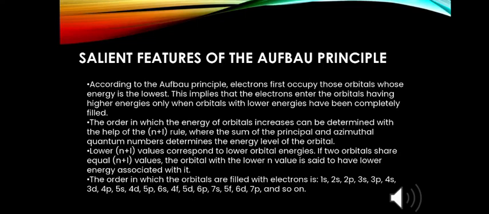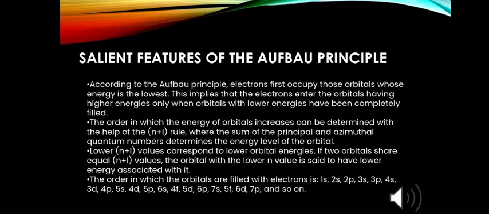This implies that the electrons enter the orbitals having the higher energy level only when the orbitals with lower energy level have been completely filled. This means that firstly we have to fill the orbitals with the lowest energy levels. When they are completely filled, only after that we will fill the orbitals with the higher energy levels.